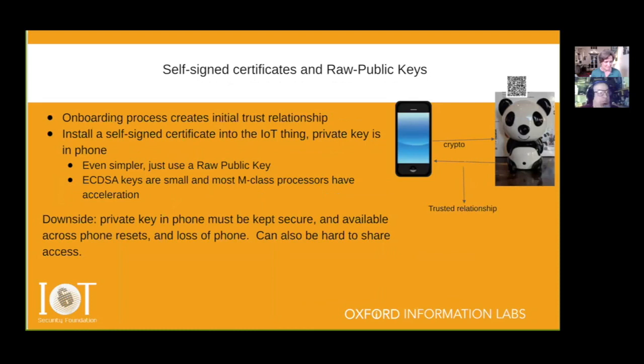5 years ago, people were really scared of those. They said it was too big, too slow, too expensive. But at this point, every single mobile class processor has ECDSA as a hardware accelerated extra. They're usually faster than anything that you had 5 years ago, faster than PCs doing it in software 5 years ago.